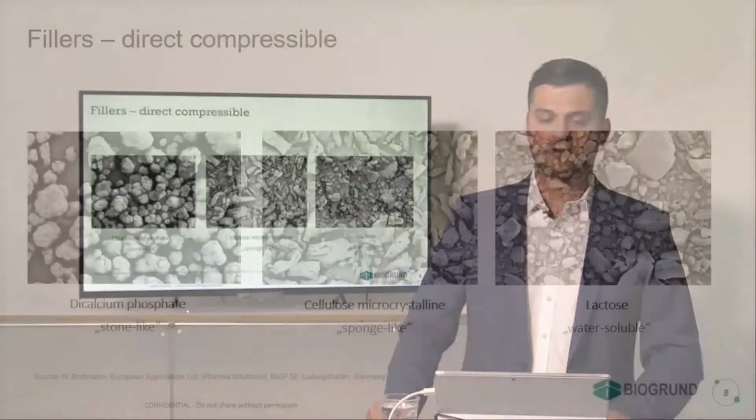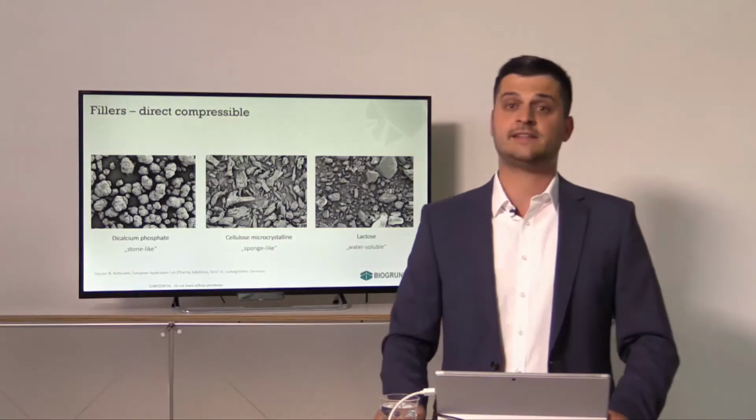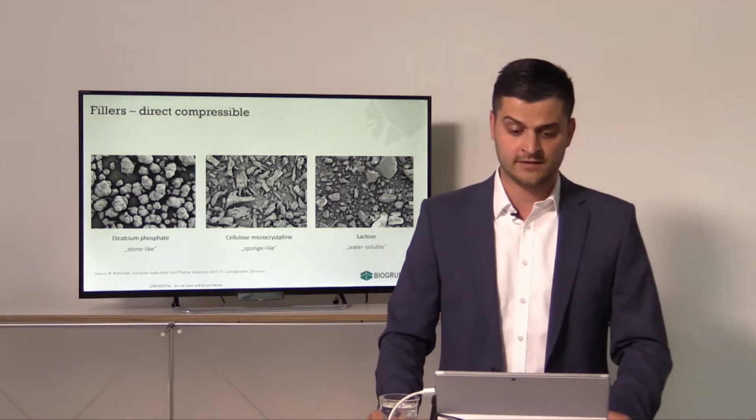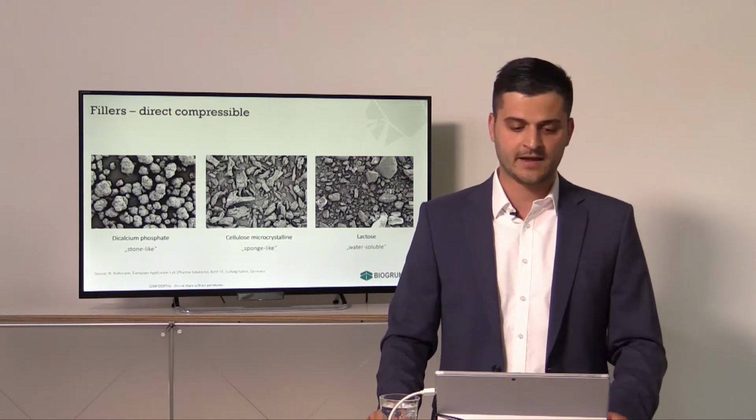Okay, let's go through the microscopic pictures of each of the compounds because, as I said, the pictures provide information about their behavior. Decafos is stone-like, so it looks stony, but therefore it has a good flowability and a low lubricant sensitivity, but on the other hand, it is quite abrasive to tablet tooling.